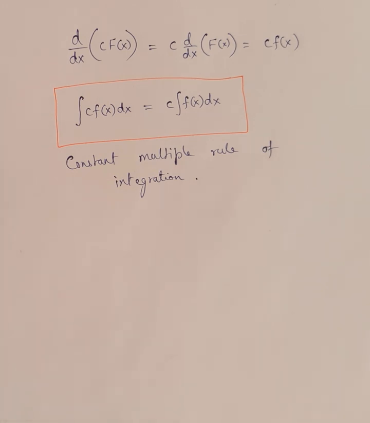We have the product formula, quotient formula, and chain formula for differentiation. We don't have anything like that in integration. We have to go around if I want to integrate a product of functions or a quotient of functions or a composition of functions. We will look at more properties of integration in subsequent videos.